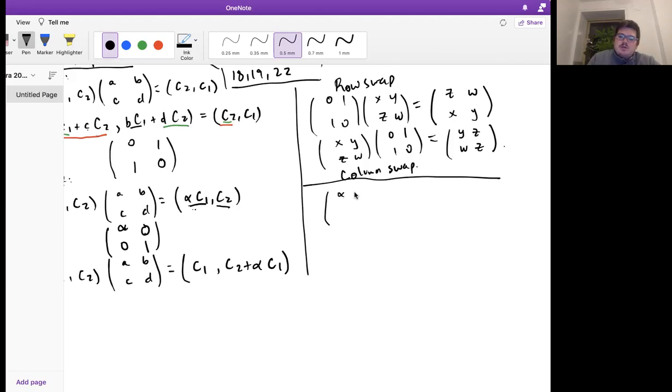All right, so similarly, let's just see the difference. If I do alpha 0, 0, 1 times x, y, z, w, what is the result? So multiplying on the left, what operation is it?